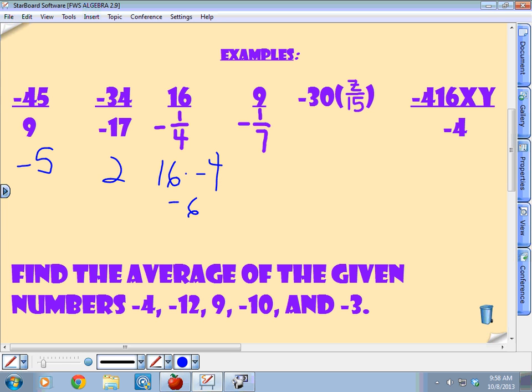It's negative 64. Keep in mind, if you had 16 divided by 1, it's 16. 16 divided by 2 would be 8. So as this number gets bigger, your quotient gets smaller. As this number gets smaller, your quotient gets bigger. So if I had 1/8, it would be double 64. It would be 128. All right.